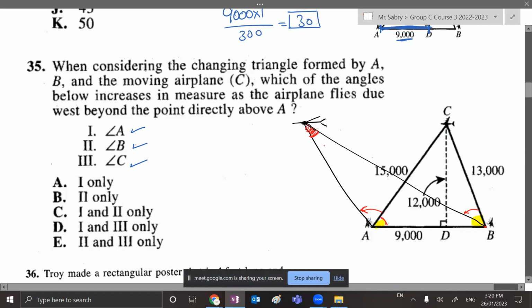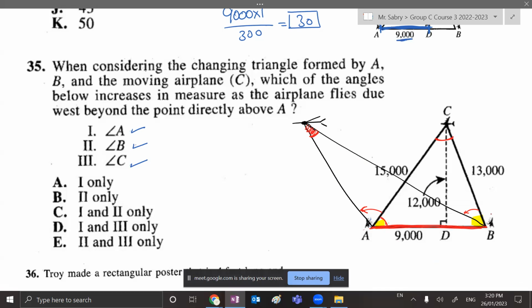Now, there's another explanation for why this is true. If you look at this angle, C, originally it was looking at this side AB, which has a distance of 14,000 that we found. This side, as the plane is moving, the distance between the radars does not change, it remains the same.